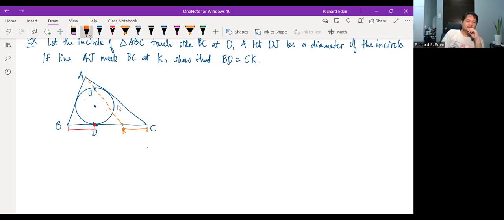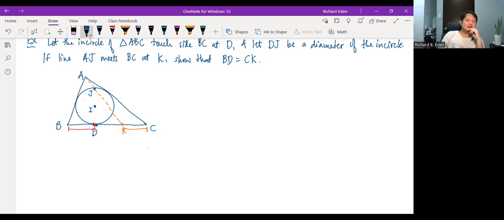So D is reflected about the incenter onto J. And then something from A, something probably a homothety from A. Kasi we see parang nung J is mapped towards K, right?